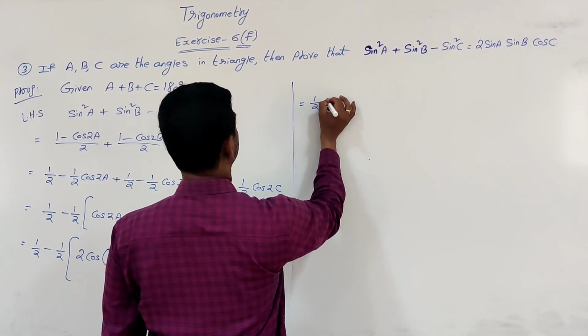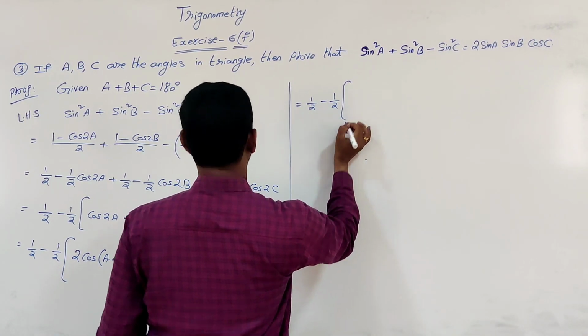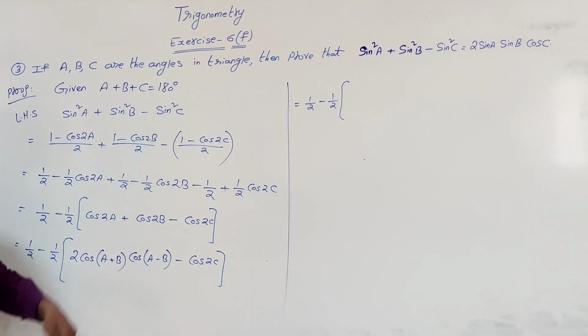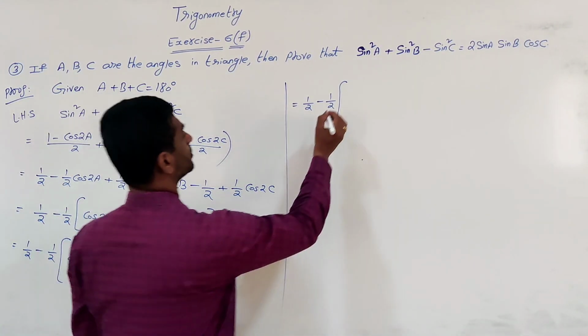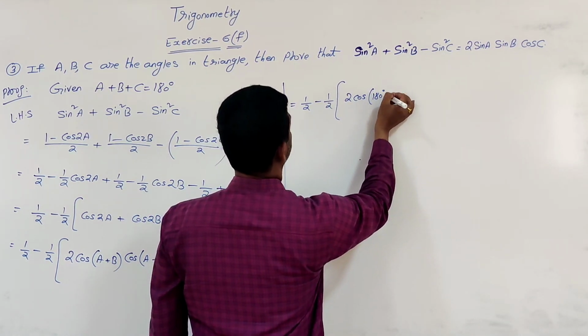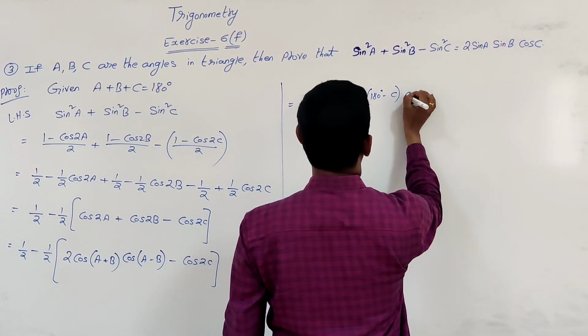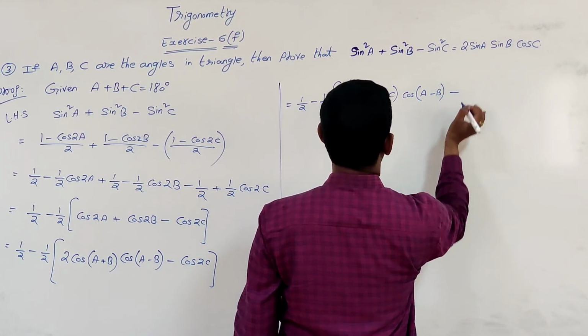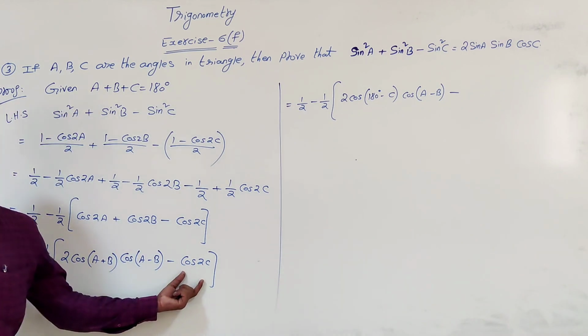So 1 by 2 minus 1 by 2. A plus B, from the condition, can be written as 180 minus C. So 2 cos of 180 degrees minus C into cos of A minus B, minus, and what is cos 2C?